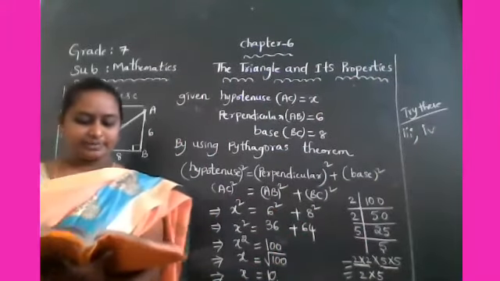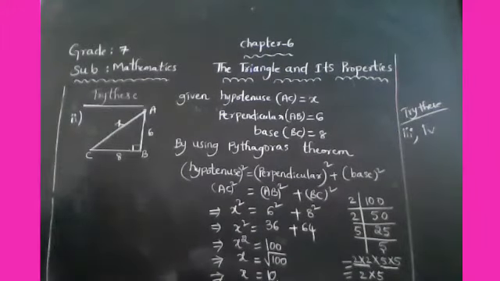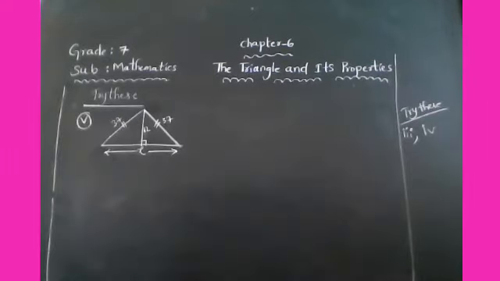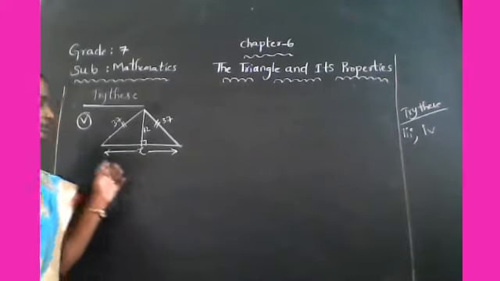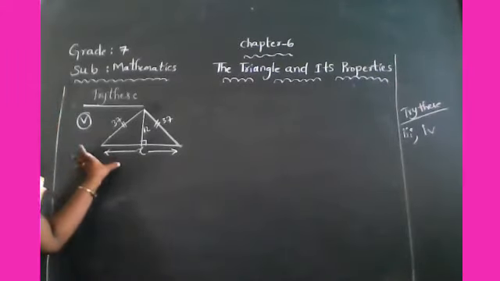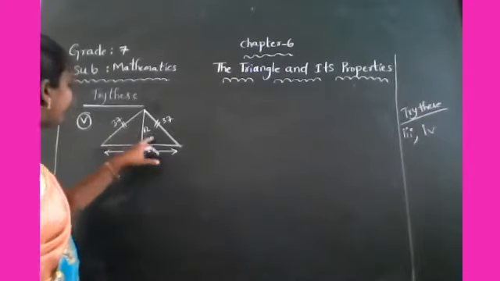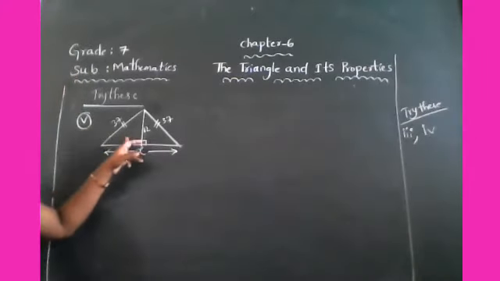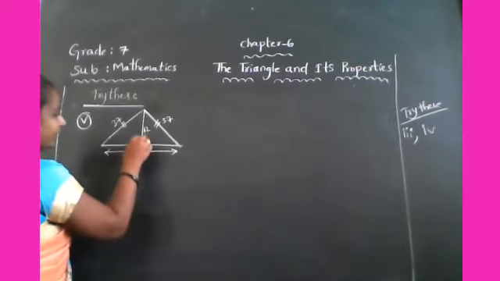Next coming to the fifth problem. Okay children. So next, the fifth one, observe. In the try this problem, fifth one. Right. Observe this figure. How many triangles does it have? How many right angles are formed here? Yes, two right angles here.